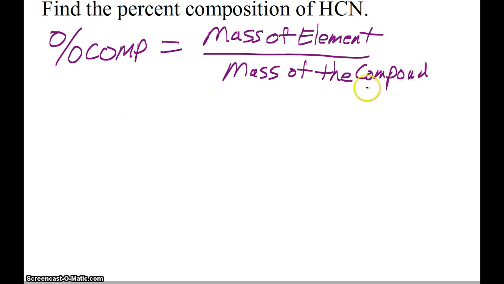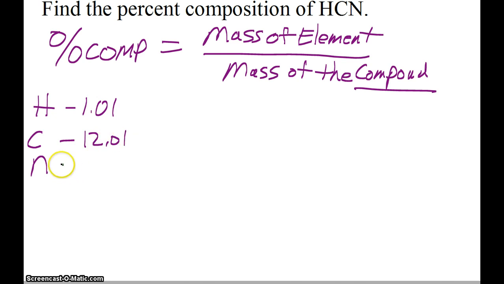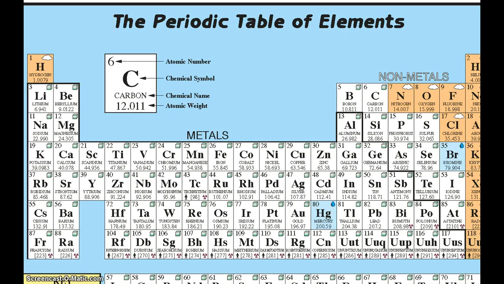So first thing we need to do really is find the mass of the compound. So we have H, C, and N. Hydrogen is 1.01, carbon is 12.01, and nitrogen is 14.01. Let's just double check that real quick.